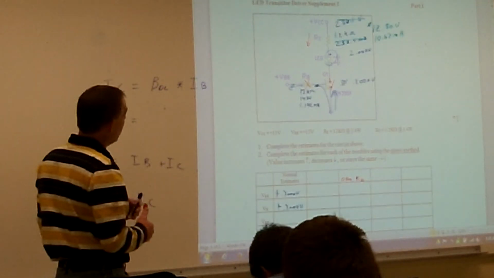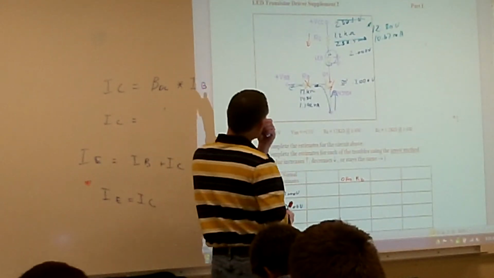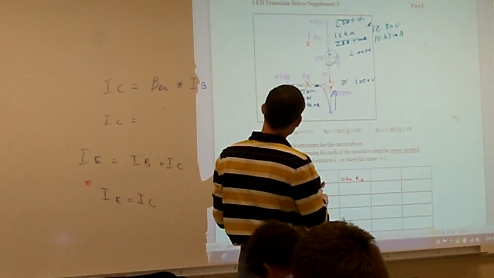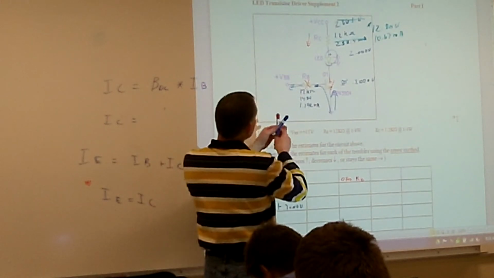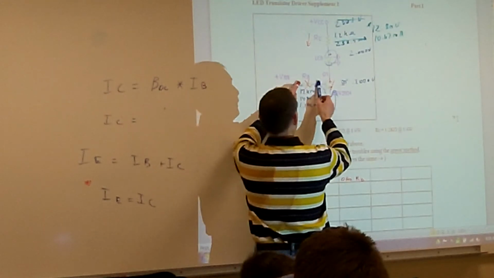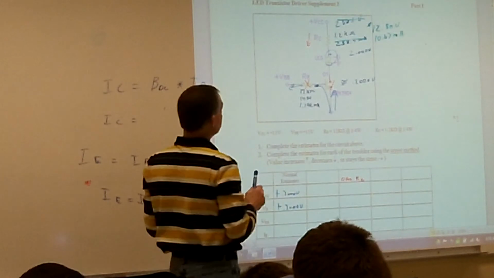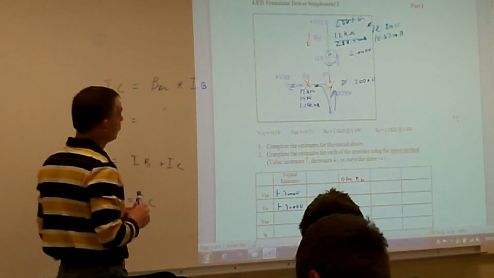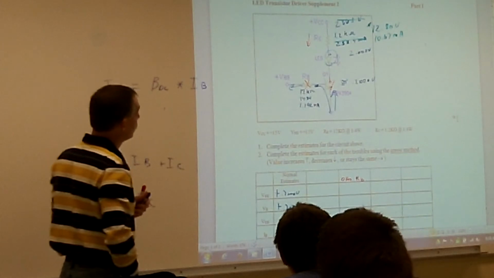These are where things get kind of a little tricky here. So now what's going to happen to my voltage going across RB? What's my voltage across RB now? It would go up to 15.